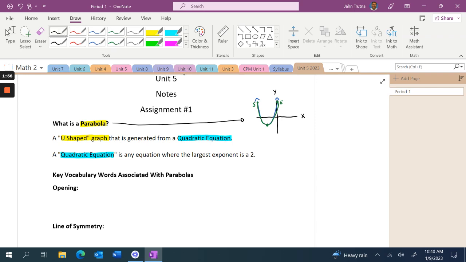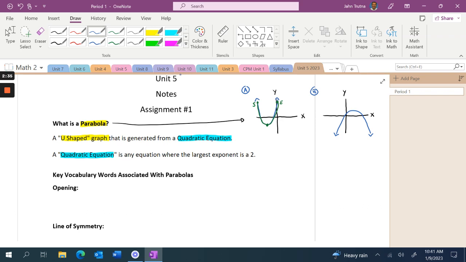Now, an interesting point about a parabola is that parabolas are always U-shaped graphs, okay? But they will always only go in one of two directions. They will either be going in an upwards manner, like the parabola that I just showed you in example A, or they will be going in a downwards manner, like this parabola right here, which I'm showing you in example B. Okay, parabolas will never go sideways, all right?